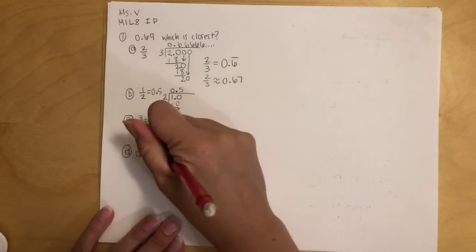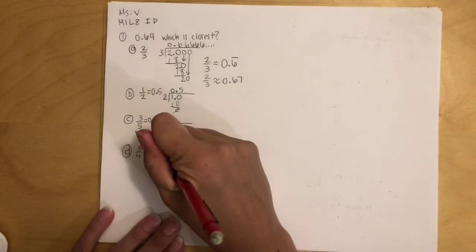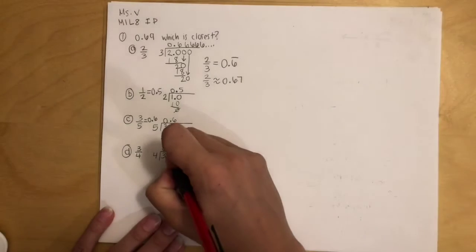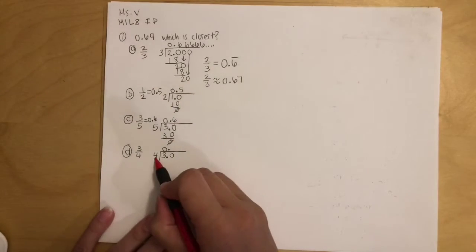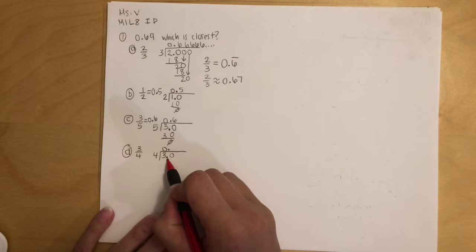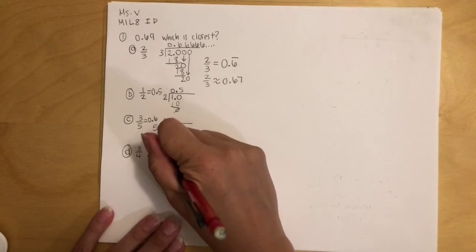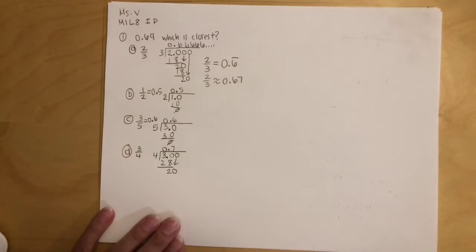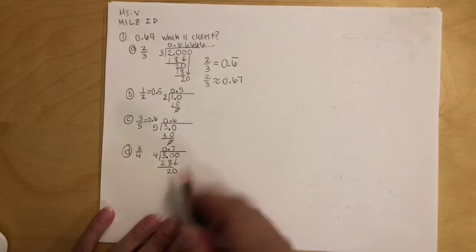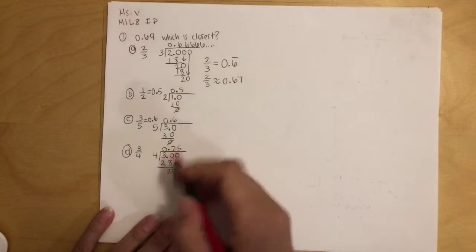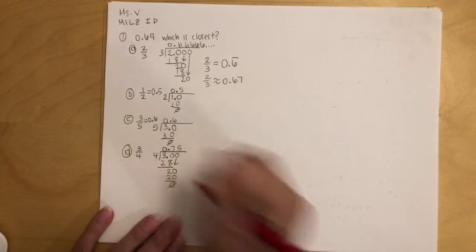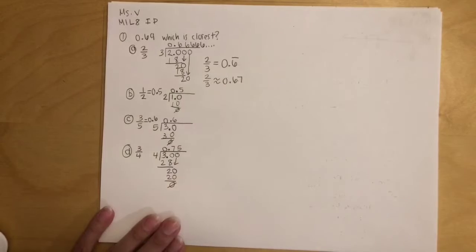So 4 goes into 3 0 times, put a decimal, add a 0 under the division bar, and 4 goes into 30 7 times. 7 times 4 is 28, and then I have a 2 remaining. Bring down another 0, and 4 goes into 20 5 times. 5 times 4 is 20, and I have a 0 remainder, so 3/4 equals 0.75.